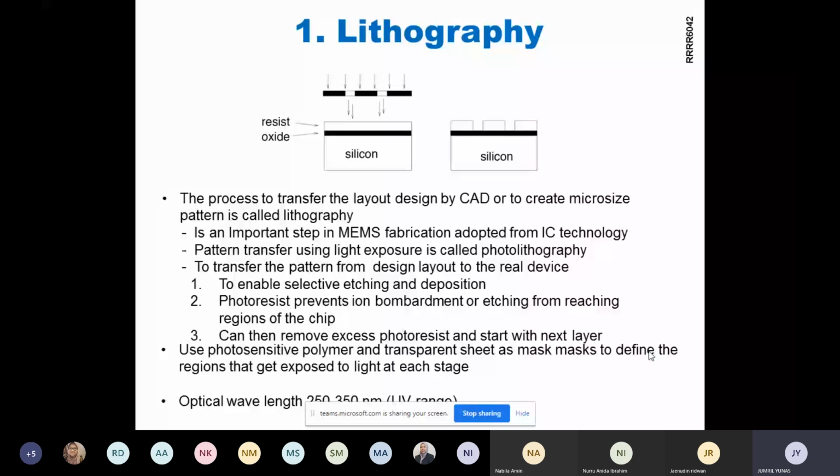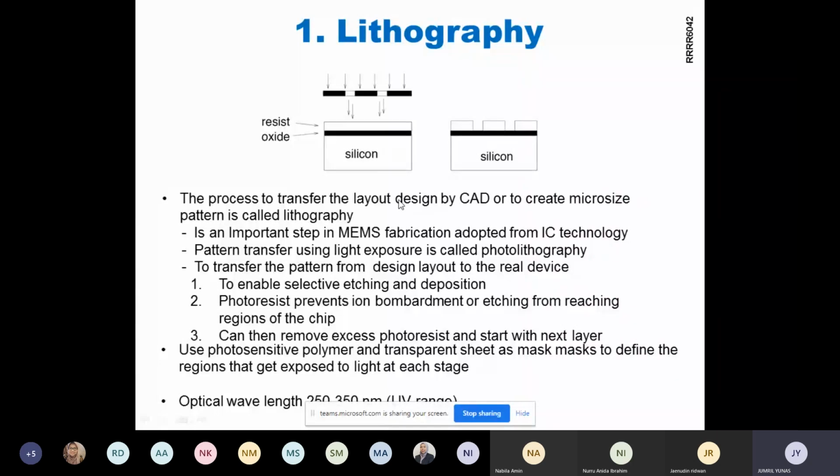Okay, we come to the first basic MEMS process, namely lithography. Lithography is a process to transfer the layout design by CAD, the layout that is designed by our CAD tools, to create a micro-sized pattern on a substrate.